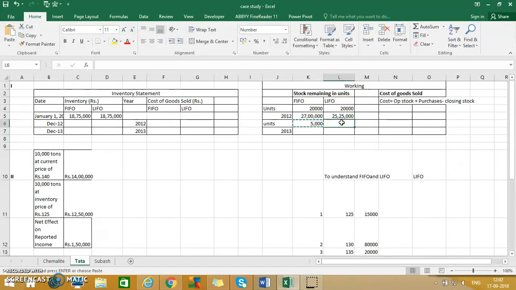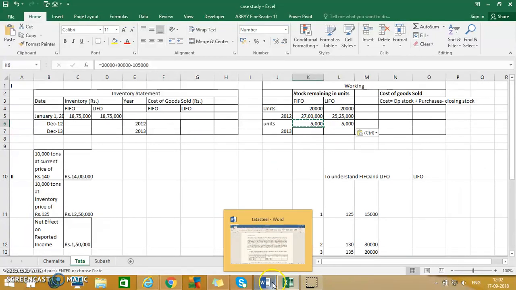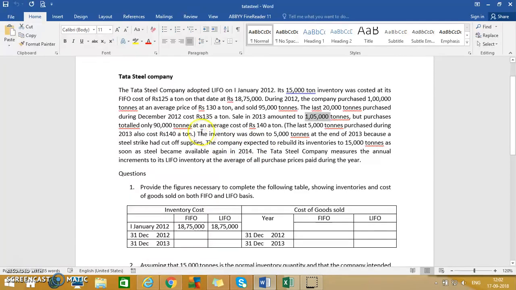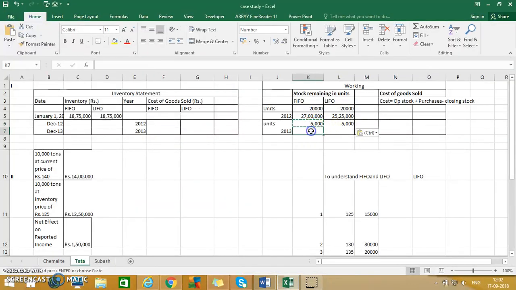So, it will be the same for the LIFO as well. While the pricing, let us look at the pricing. So, 5,000. So, what does he say? When he has purchased this material, he says that in the year 2013, the last 5,000 tons was purchased at a rate of 140. In the FIFO, you will have to take the current prices. So, that will mean is equal to 5,000 tons into 140.